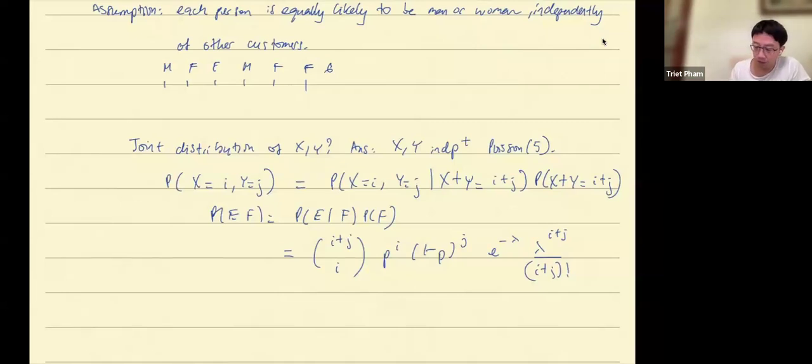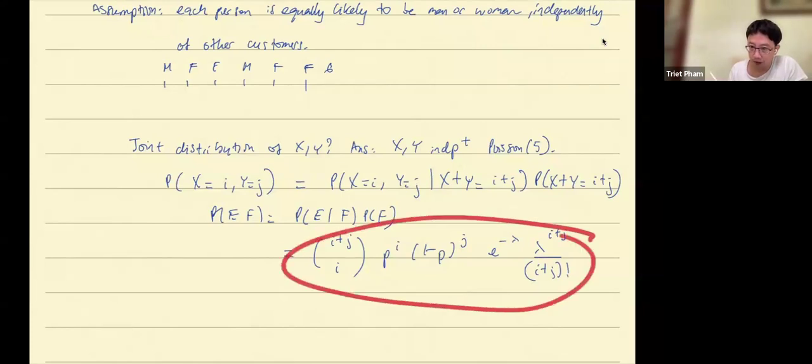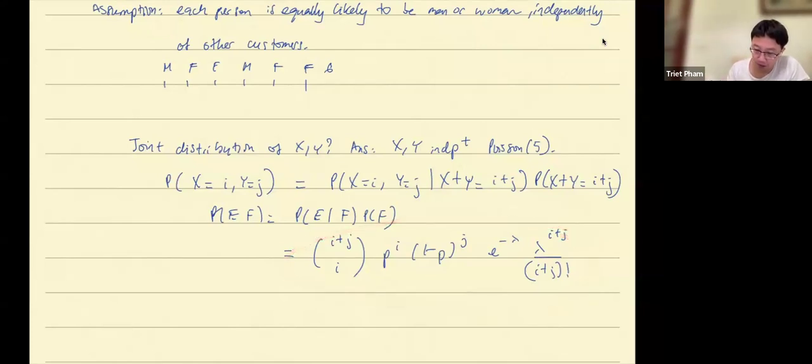Now, how do we simplify this? Well, first of all, this is I plus J factorial over I factorial, J factorial. And we will group the I power together and the J power together.